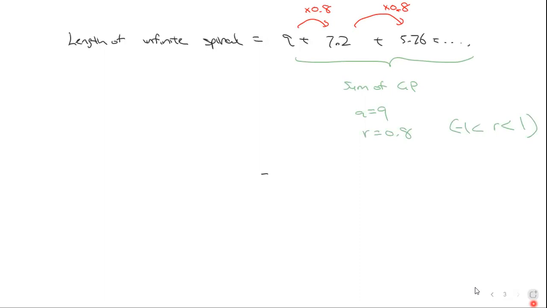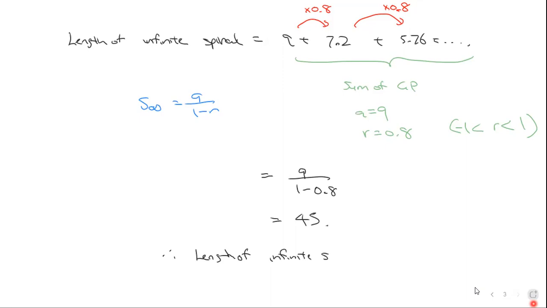And that lets you then use your GP formula, a over 1 minus r, to get 9 over 1 minus 0.8 to give you an answer of 45. And so the length of the infinite spiral will equal 45 centimeters. And that's how you do the question.